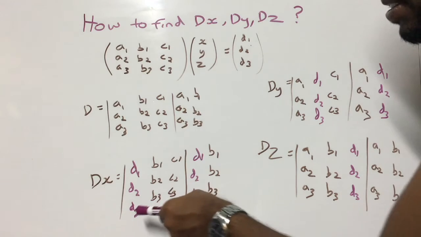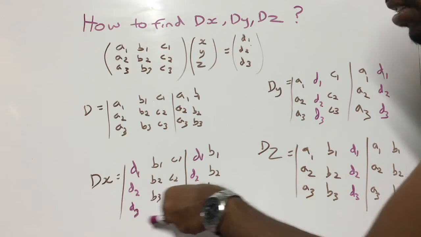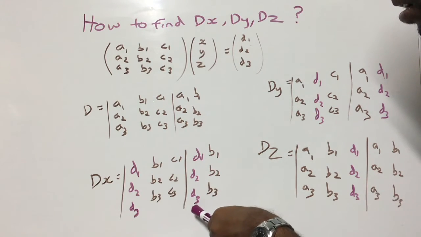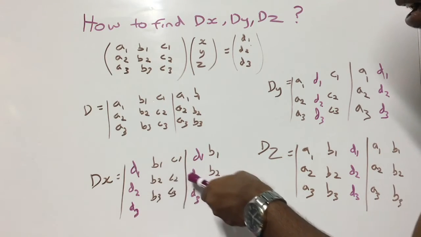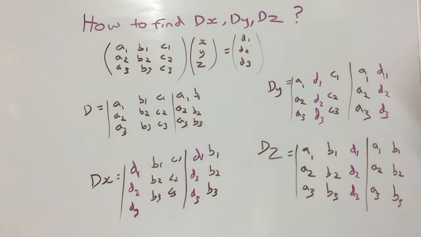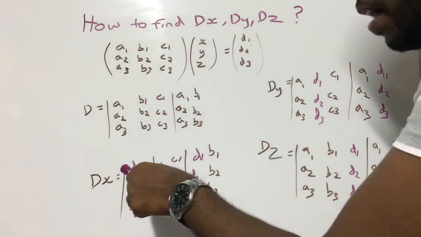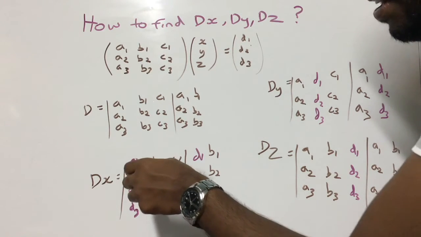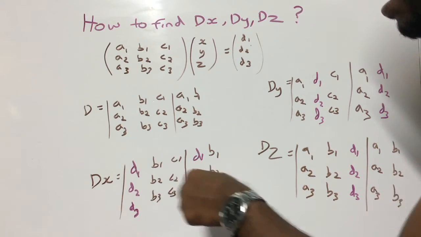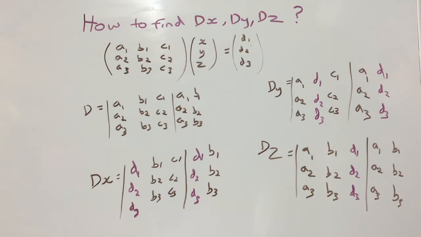So after you replace that, you want to mirror the first two columns, right? Which is the D and the B. Same procedure, right? And you're going to find the determinant by the product of the leading diagonals minus the product of the non-leading diagonals.